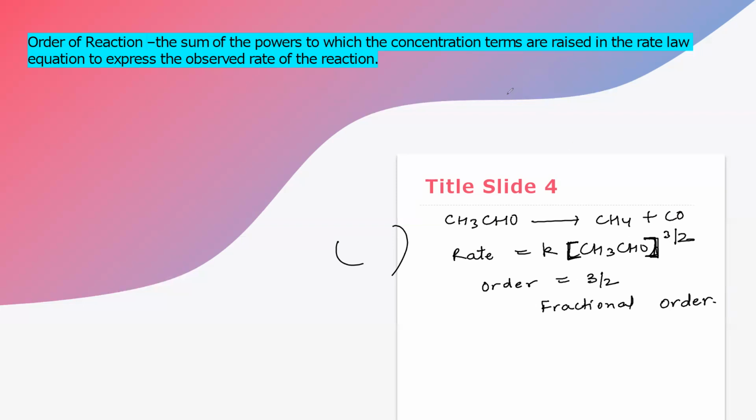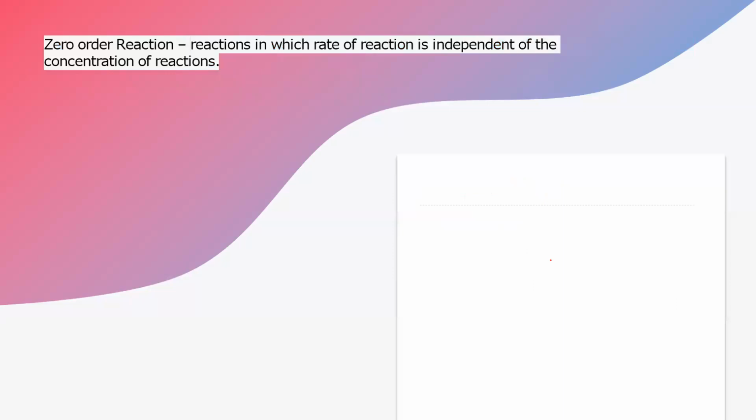Hope this is clear. Now next, let us move to the really interesting zero order reactions. These are the reactions in which the rate of reaction is independent of the concentration of the reactant. Now what it means. Let us take a reaction, the dissociation of ammonia.